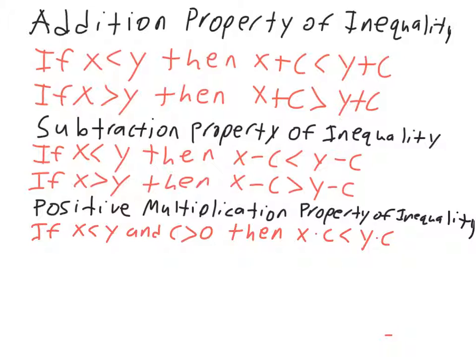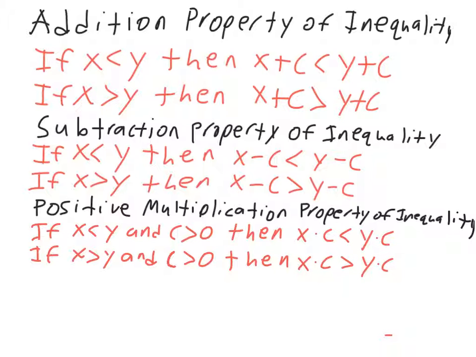And that works the other way as well. If x is greater than y and c is still greater than 0, then x times c is still greater than y times c. But that only works when you multiply positive numbers.